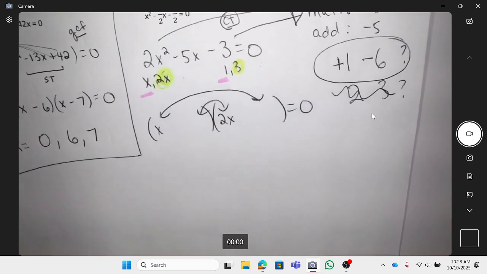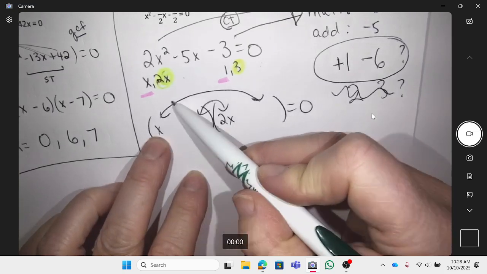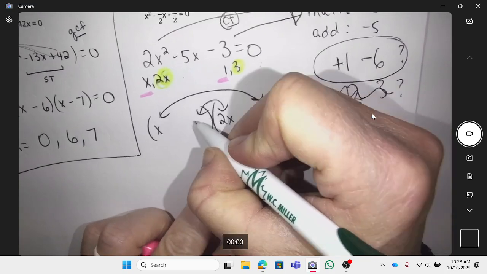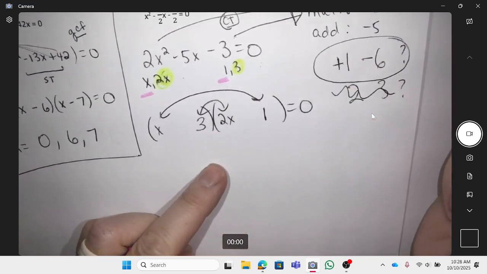I already started with my F's, so the x and the 2x are in the F's. Now the O: the 1x has to connect to a 1, and the 2x has to connect to a 3.